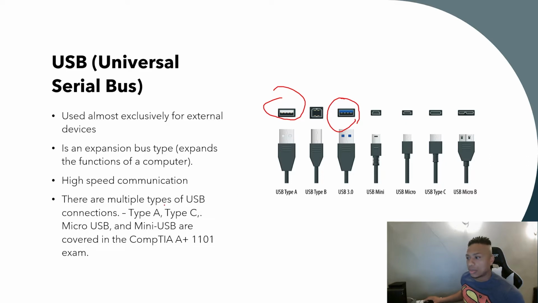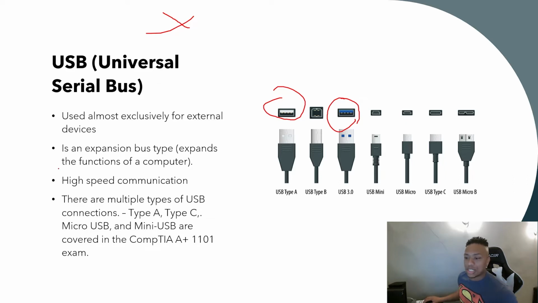So you can use the mouse to move stuff around, click around. You could plug in a mic with a USB, which expands the original functions of a computer. So a computer is not all of this. We have mics, we have webcams. This is all expanded functions of the computer.